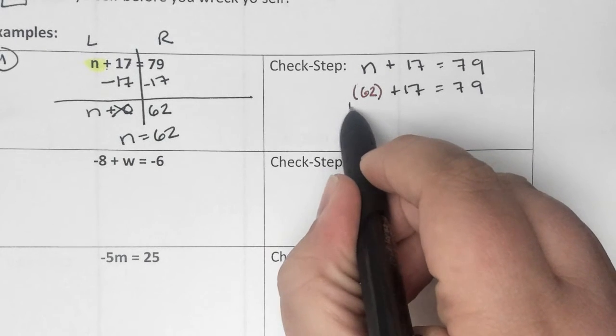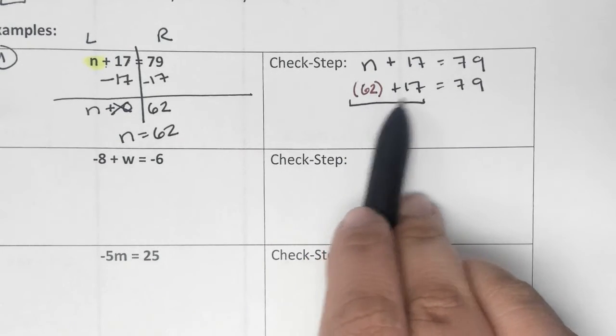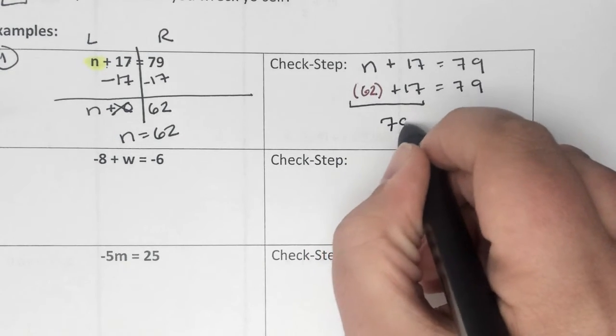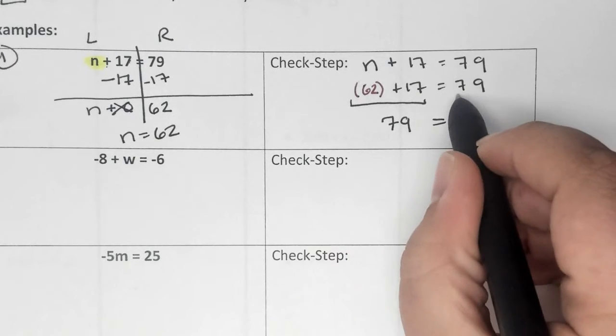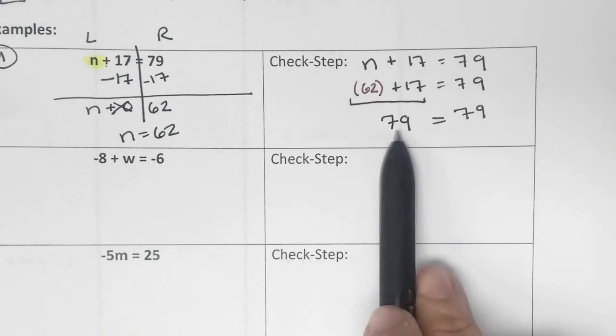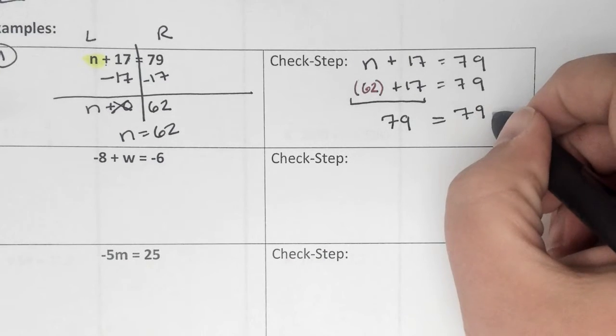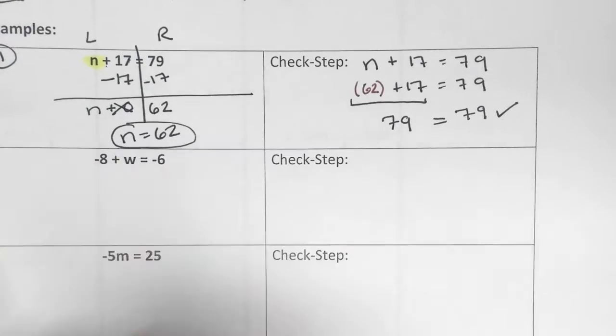Now we just use our order of operations to continue solving that side. 62 plus 17 is 79. There's nothing left to solve on the left side, and the right side is just the number 79. Now this is true. Since this is true, our answer for n is correct.